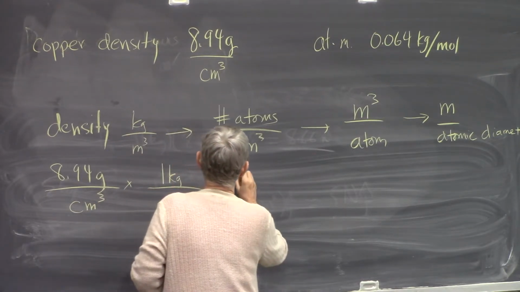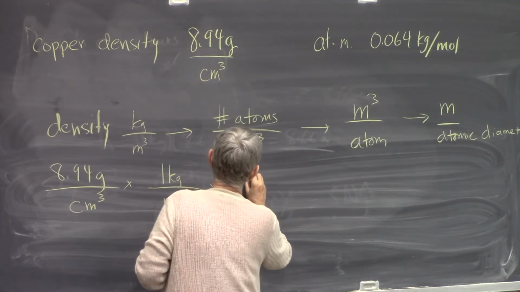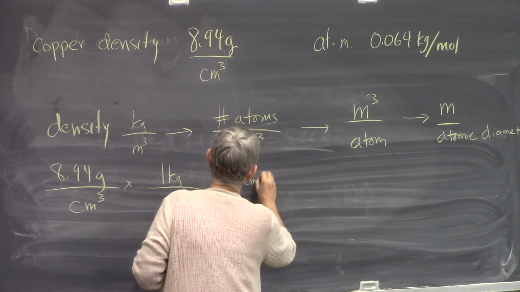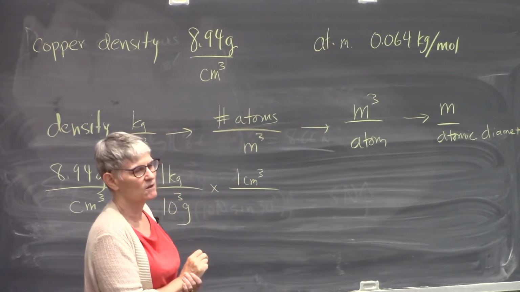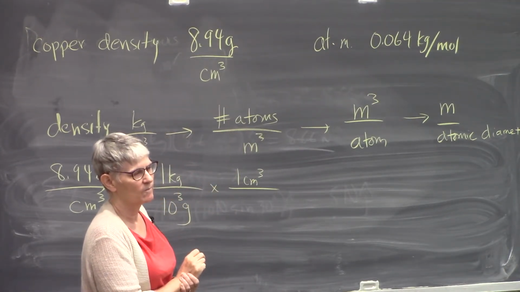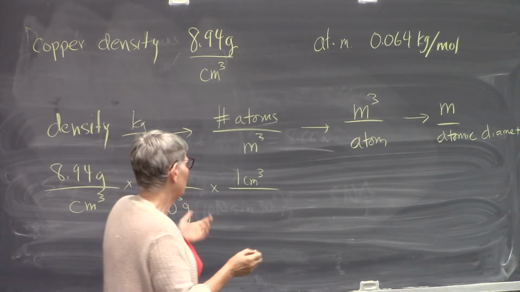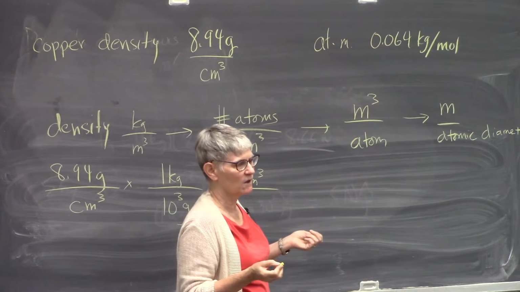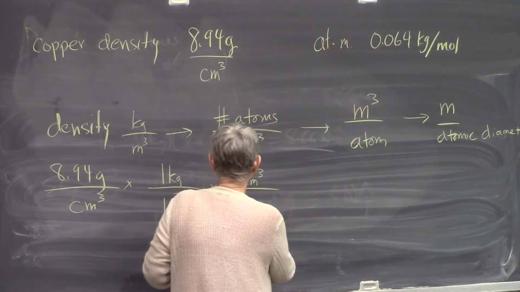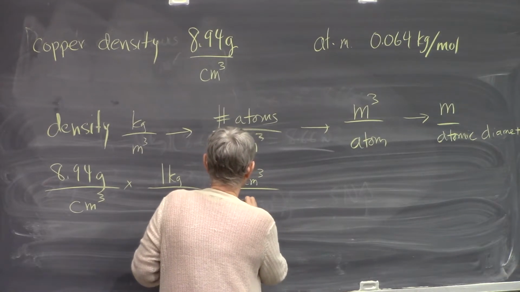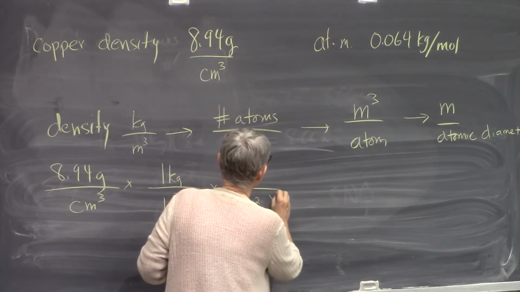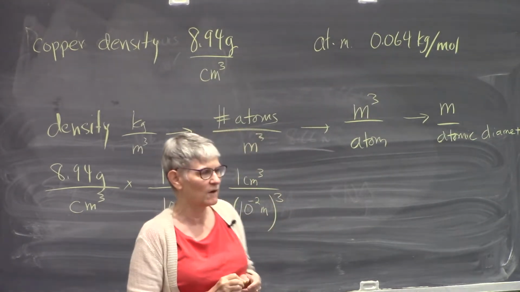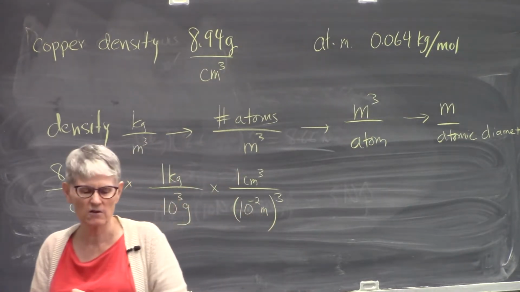But 1 centimeter cubed, how do we convert that to meters cubed? Okay, so a centimeter is 0.01 meters, right? So I'm going to say 10 to the minus 2 meters cubed there, to get that conversion.